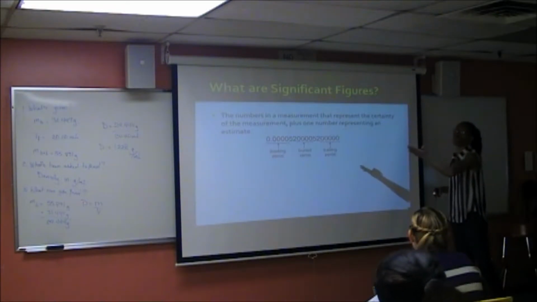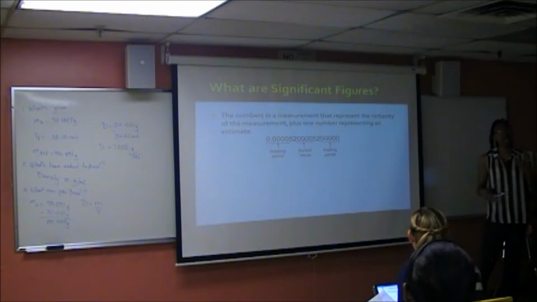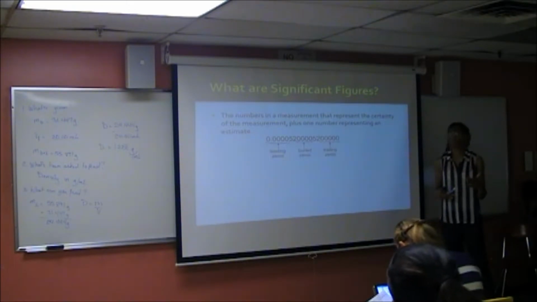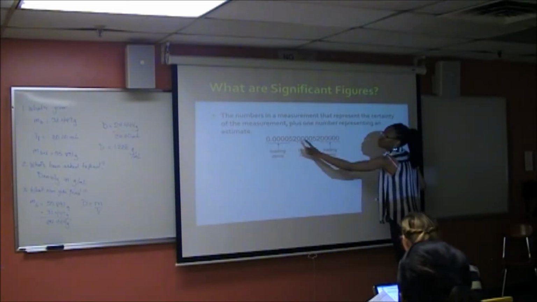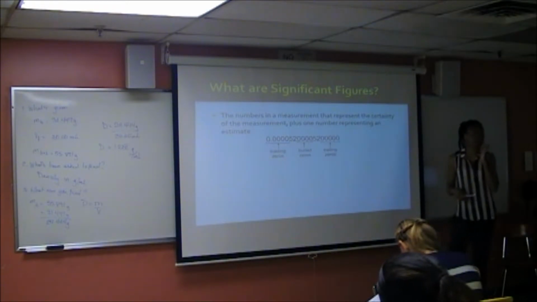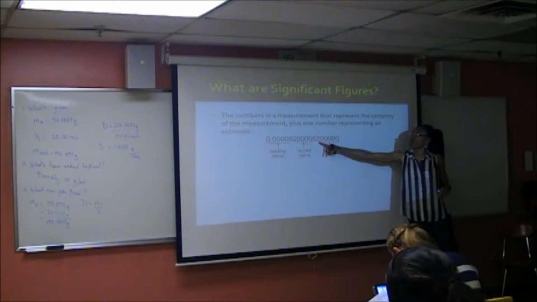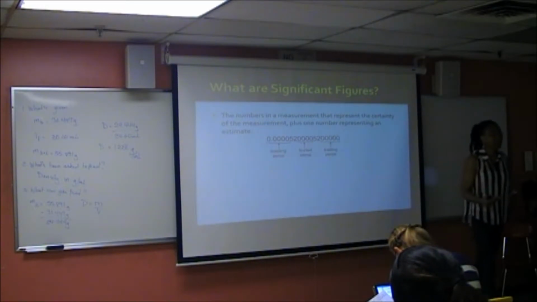Going from left to right, the zeros that come before your first non-zero number are called leading zeros. Zeros in between two non-zero numbers are called buried zeros. Zeros after a non-zero number are called trailing zeros.